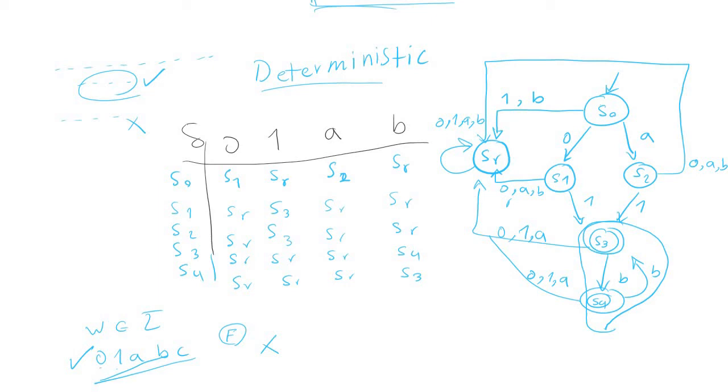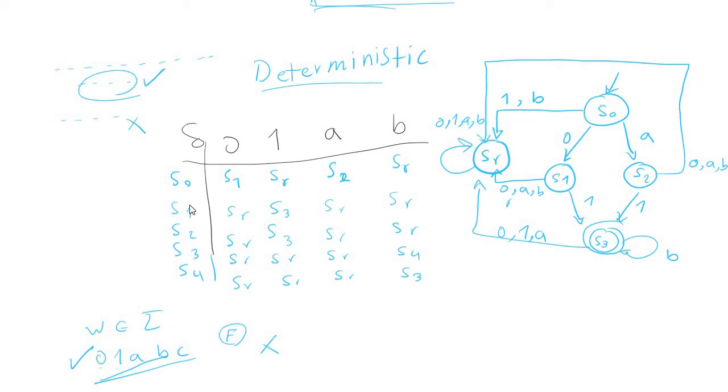We can simplify our state machine whenever it's possible. So we can simply erase this part and draw it like this.